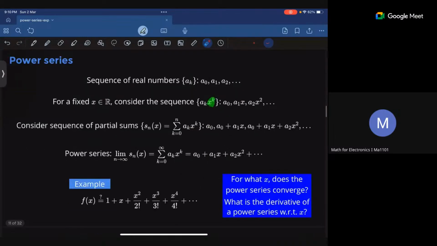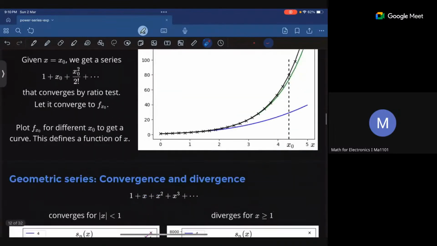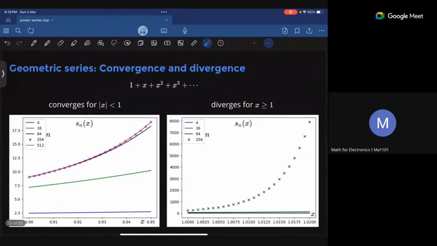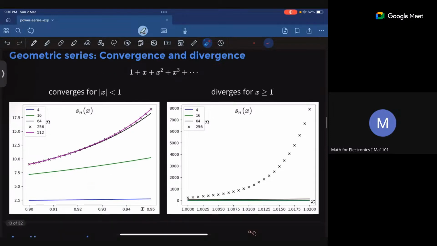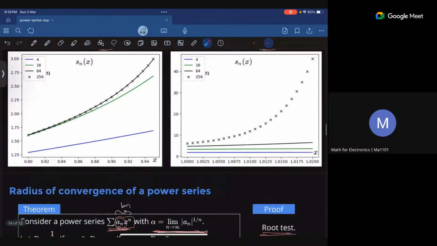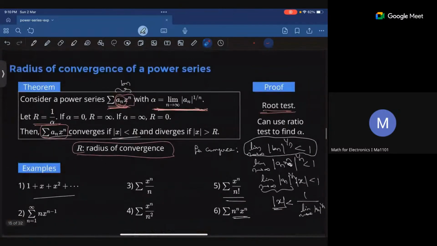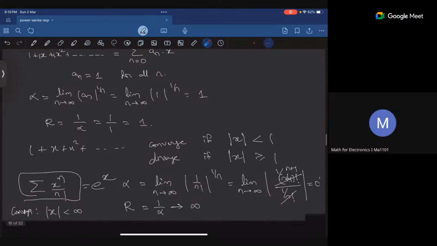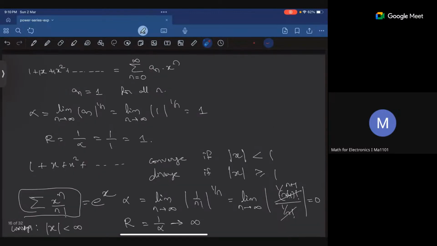Then we talked about power series and its convergence. Power series convergence depends on the values of x, so in some interval it will converge and in some interval it will diverge. Finally, we talked about the radius of convergence, which tells us in which interval it will converge and in which interval it will diverge, and how to compute it using limits.